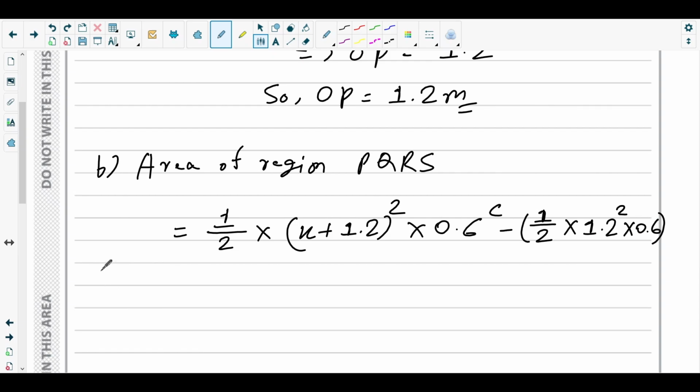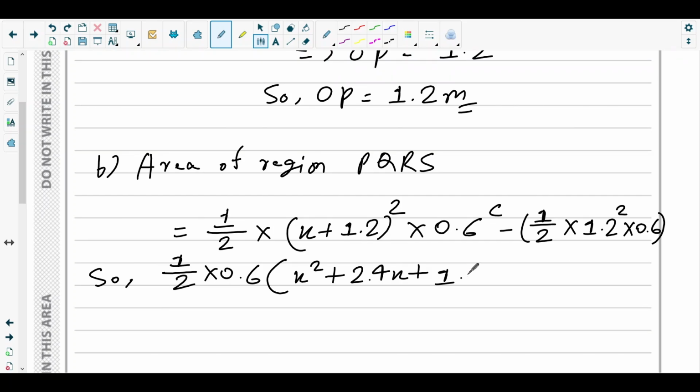This area is given, so we can take half of 0.6 common. Then expand: x squared plus 2 times 1.2, which is 2.4x, plus 1.2 squared, which is 1.44. Then, with half of 0.6 taken common, we have negative 1.44.